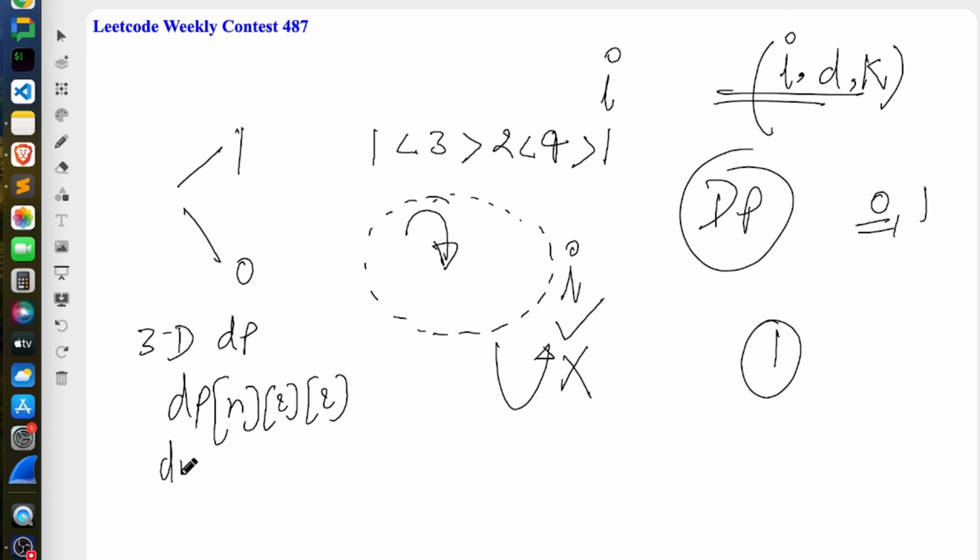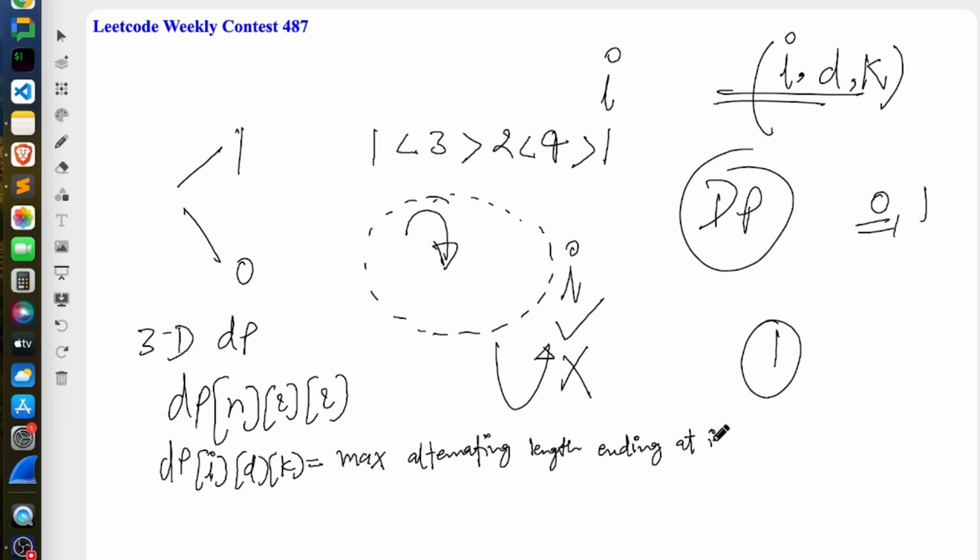So the definition of DP of I, D, K means the maximum alternating length of a subarray ending at index I and the last comparison was D. So D could be either 1 or 0.